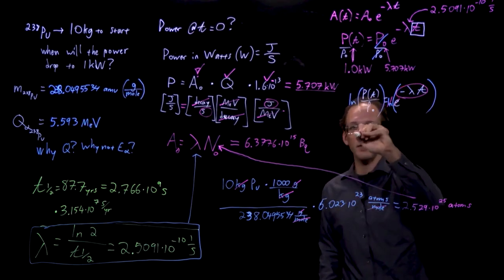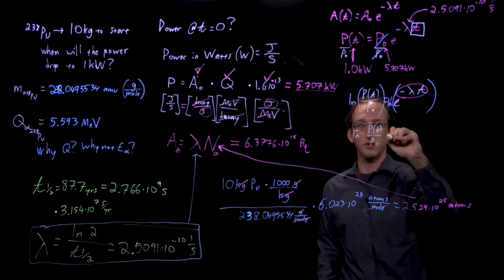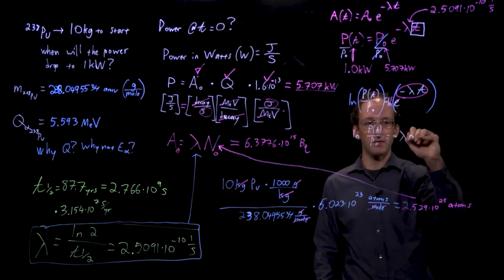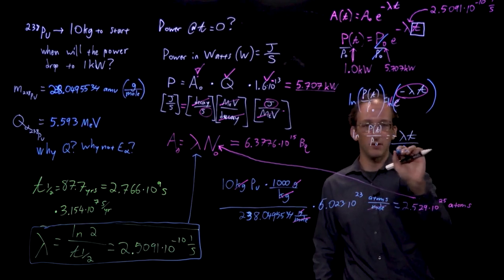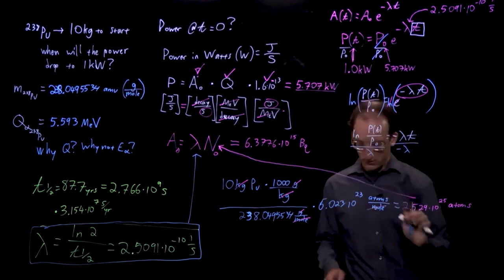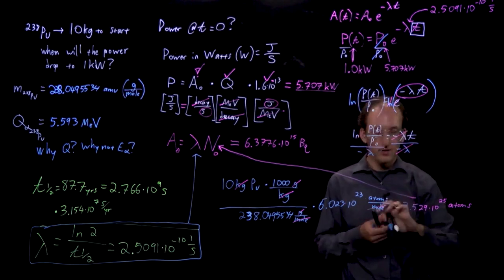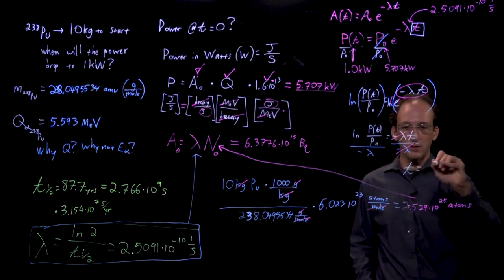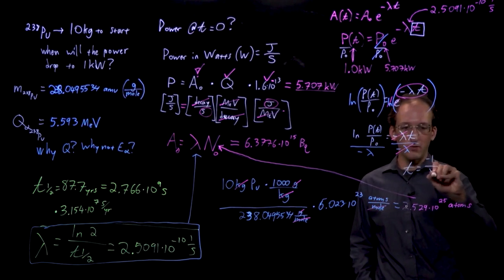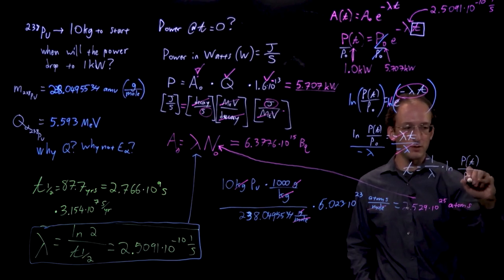So we can say that the log of P of t over P naught equals negative lambda t. We can divide each side by negative lambda, noting here that we've now got a minus lambda here and a minus lambda there. And we're left with a relatively simple equation. T equals negative 1 over lambda times the natural log of power at our given time over P naught.